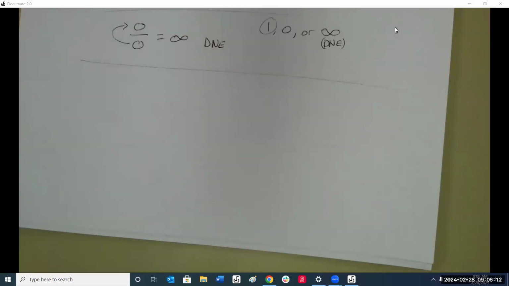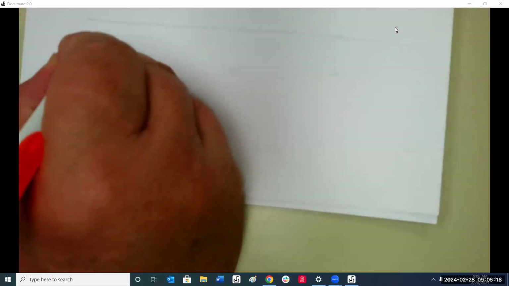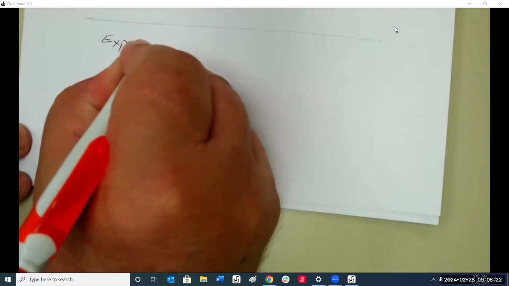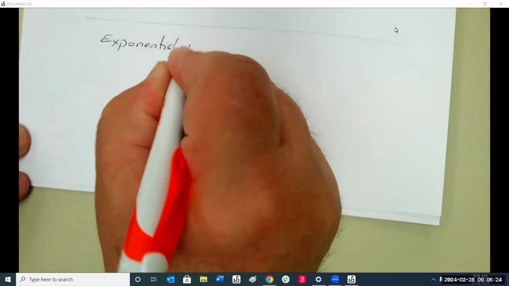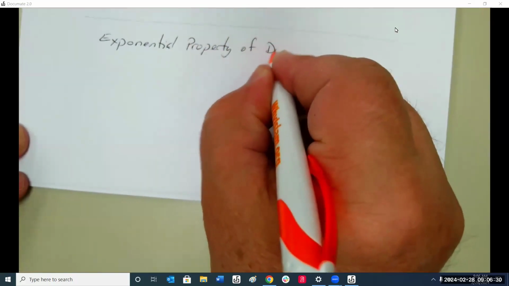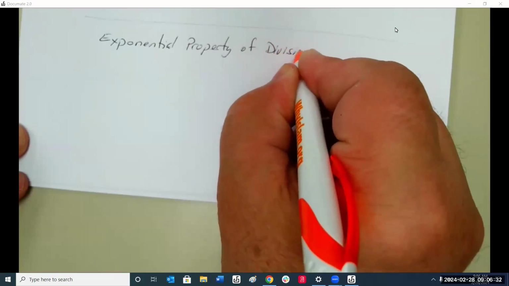So, let's see here. The exponential property of division.